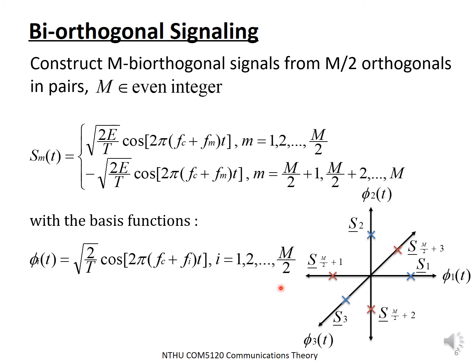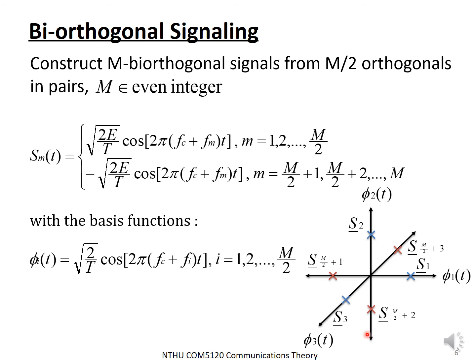So the signal space, or the constellation, of this bi-orthogonal signaling becomes multi-dimensional. In MFSK, we only have these blue points, the constellations with positive amplitude, and in bi-orthogonal signaling the negative amplitude, or the mirror of each symbol, is introduced for each dimension.